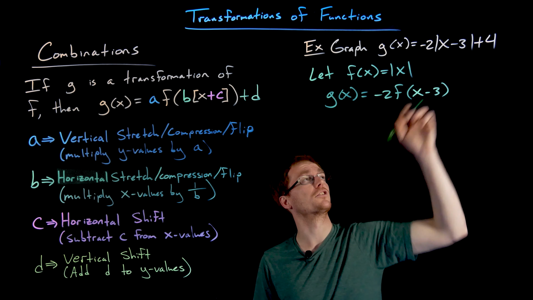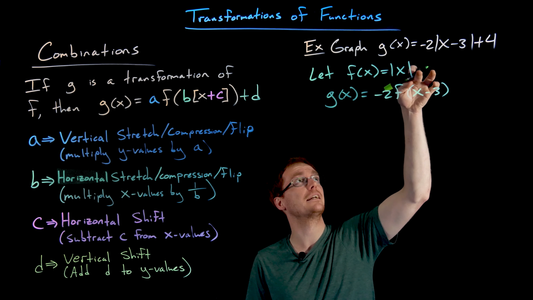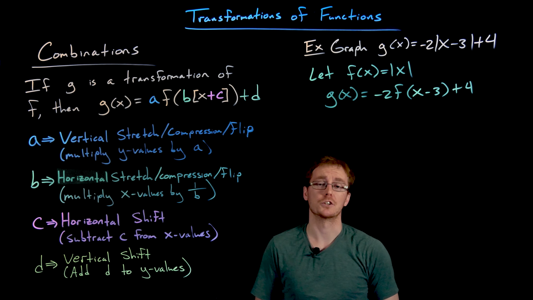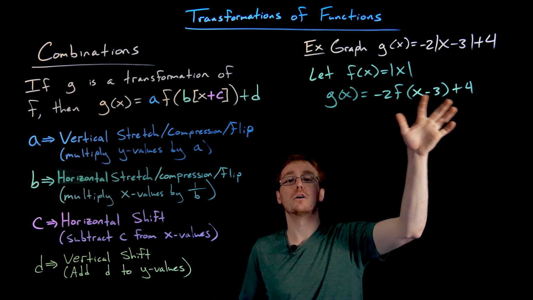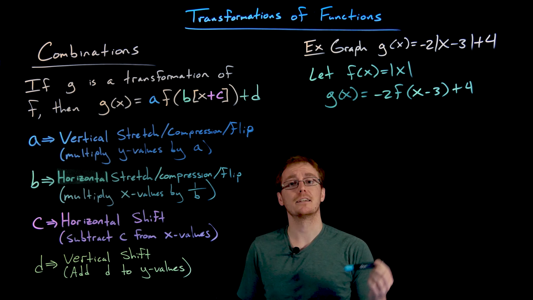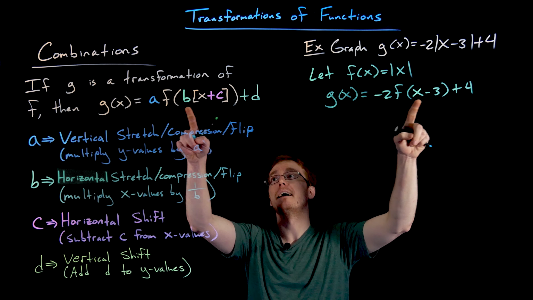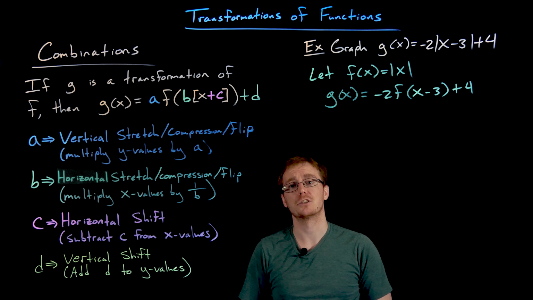We also have this plus 4 that is outside of our absolute value brackets, so that plus 4 is happening outside of our function. So very quickly, we rewrote our function in this general function notation, not necessarily a required step, but it does now allow us to quickly identify these parameters a, b, c, and d, and what type of transformations are occurring.